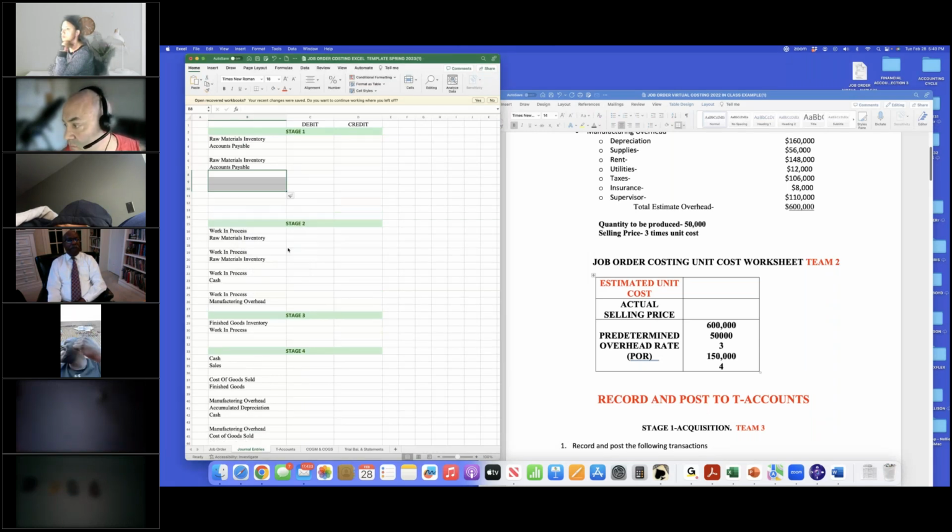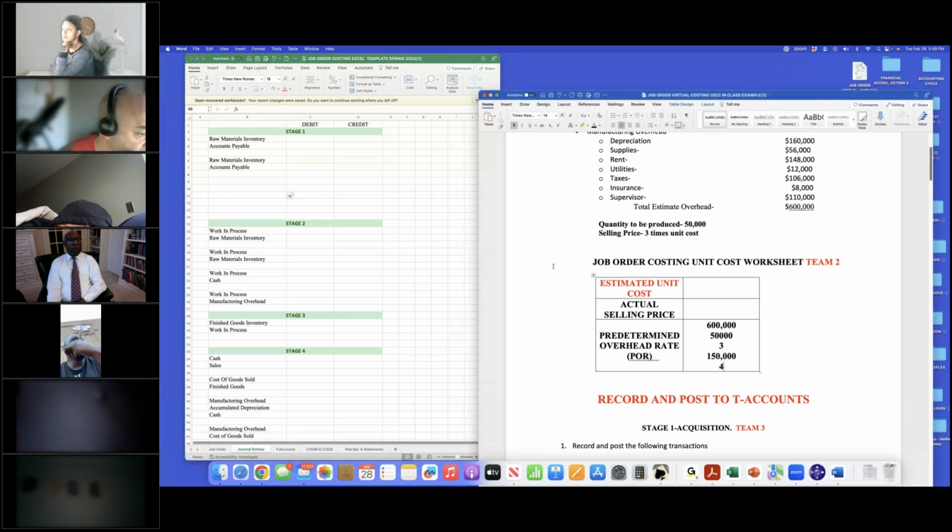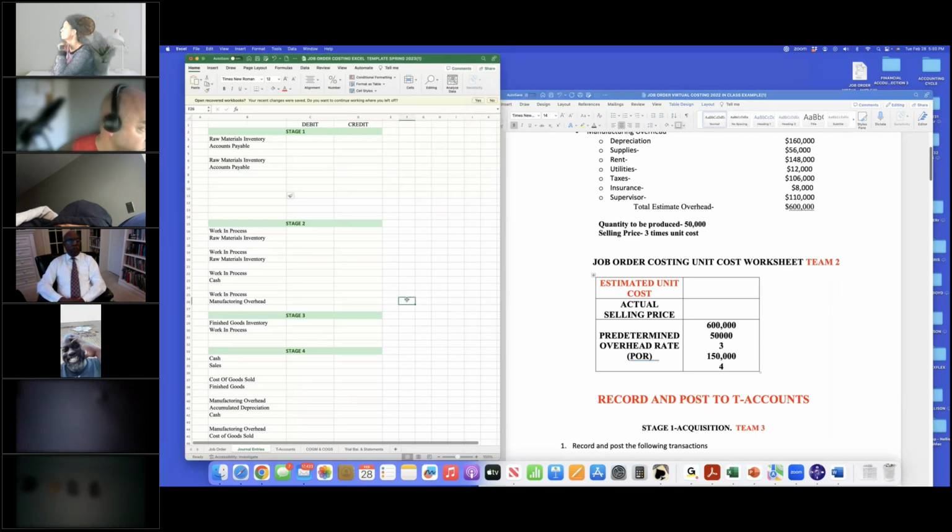What journal entry is it? That one's going to be for the journal entry: 152 work in progress and cash direct labor.